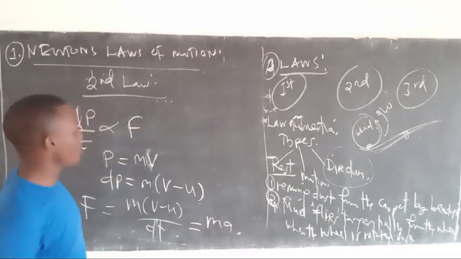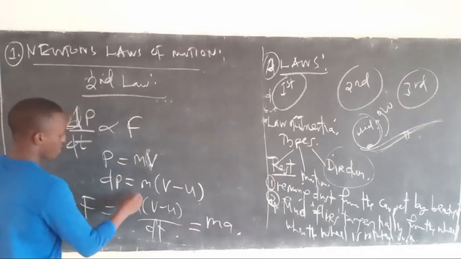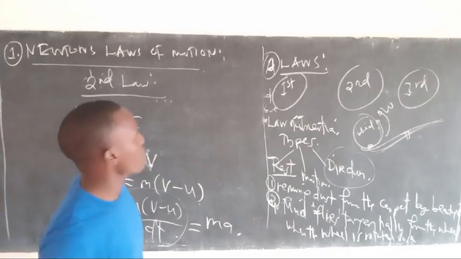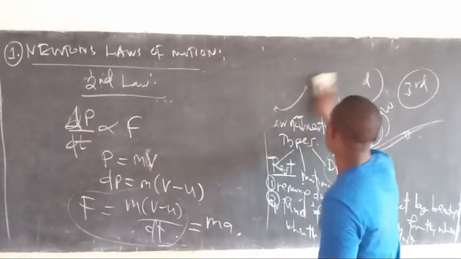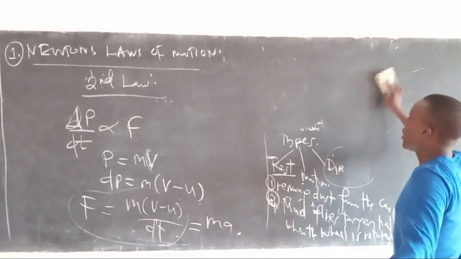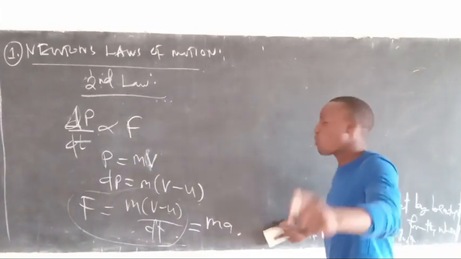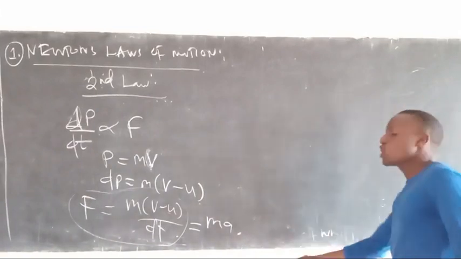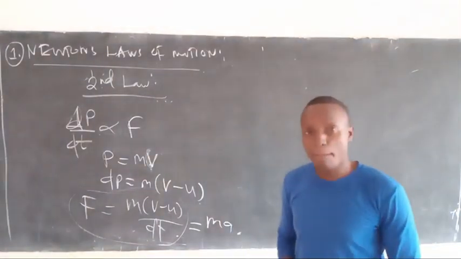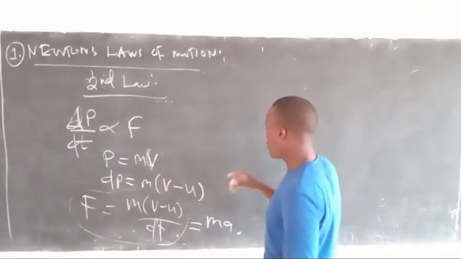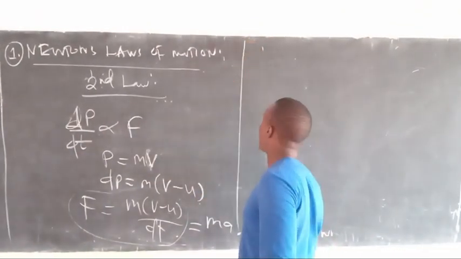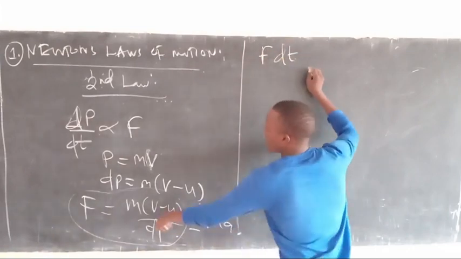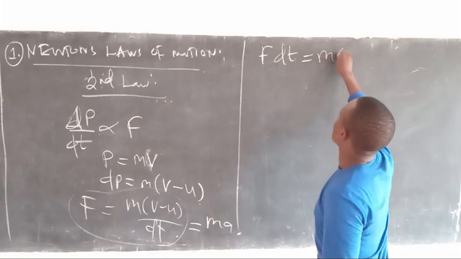There is something you need to know here. There is something we call impulse. The second law expresses the impulse-momentum theorem, which says force times dt is equal to the change in momentum.